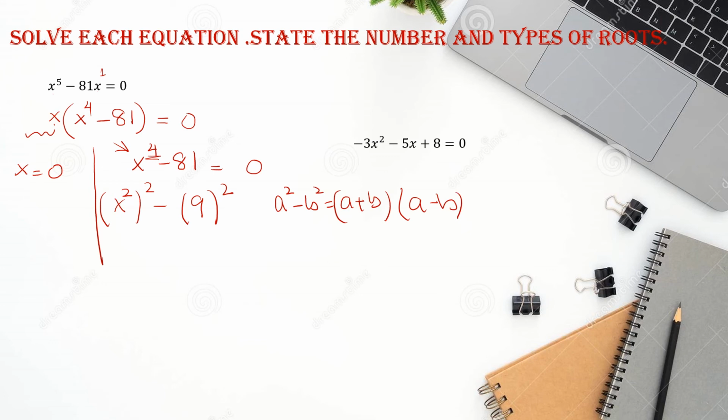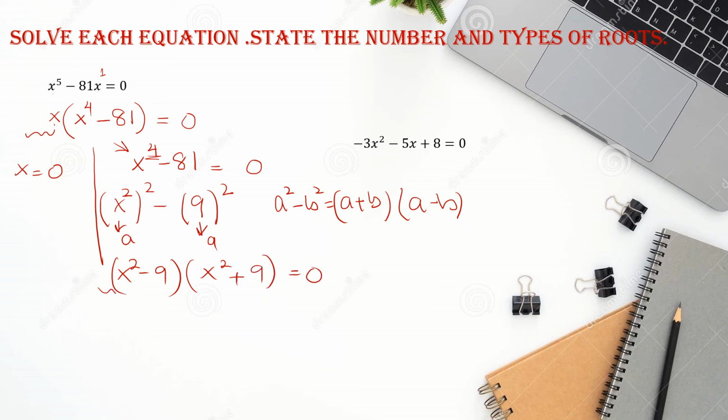So here a is your x square, the thing which is inside the bracket, and b is 9. So you can write one time x square minus 9 with the minus sign and one time x square plus 9, equals 0.